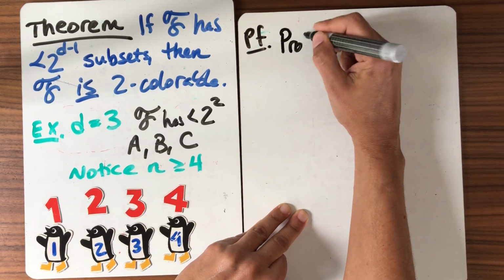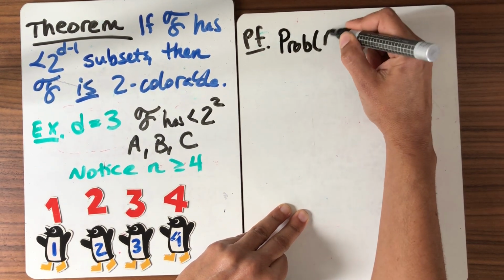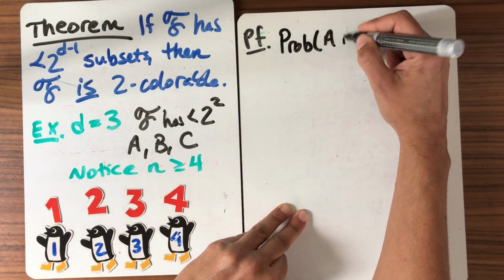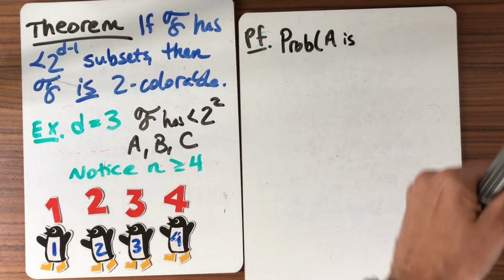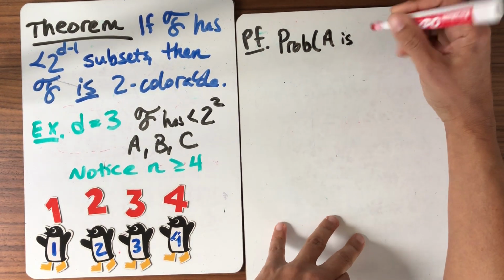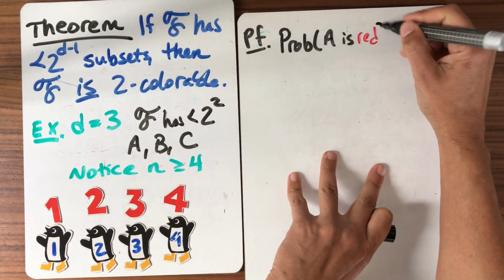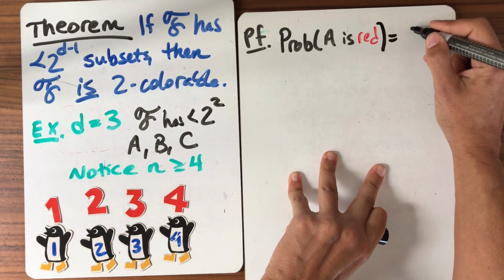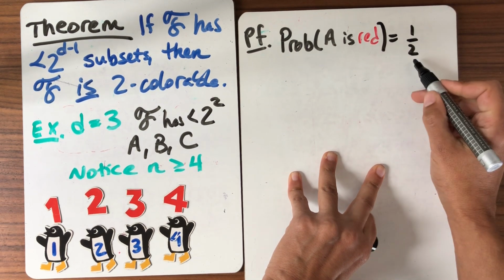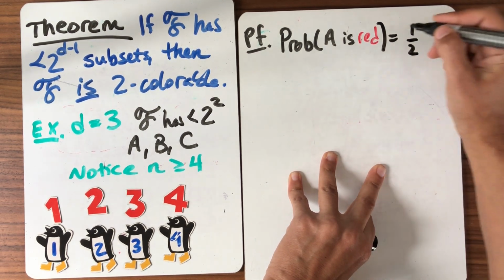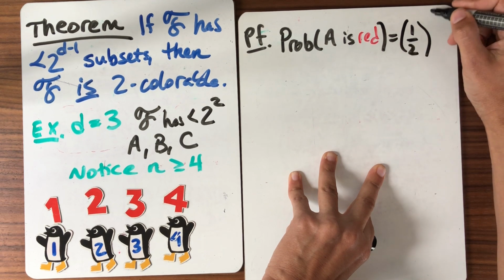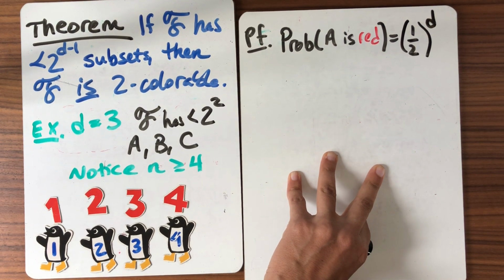Well, the probability that A, so some D set, is all red is equal to, there's a 1/2 chance that each letter in A is red, and there's a total of D letters in the set, because it's a D set.